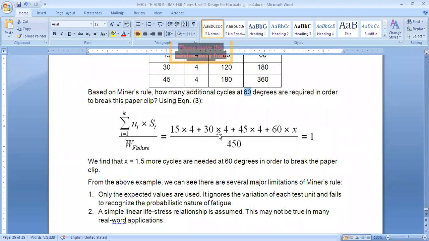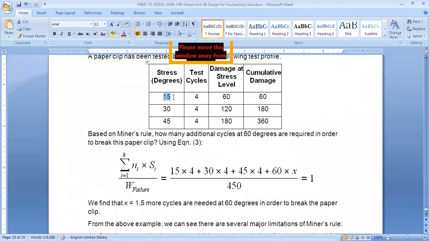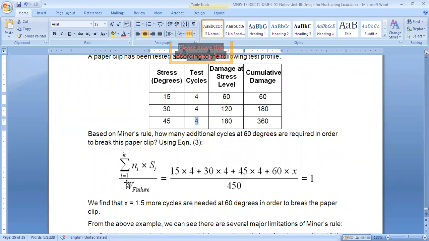15 into 4 plus 30 into 4 plus 45 into 4, sigma of n into j, stress into number of cycles. So first stress of 15 degrees I used four times, second stress I used four times, third stress of 45 degrees I used four times, and fourth stress is now 60 degrees. How many times? x. Are you getting me? So sigma of number of cycles into corresponding stress upon total failure.